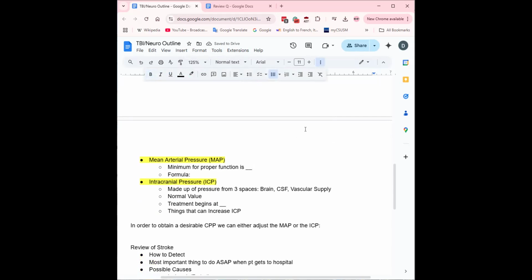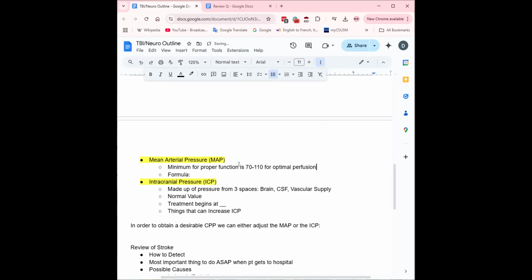Review of MAP. What is your normal value for MAP? Pretty similar. We'll say 70 to, I think she said like 110, for optimal perfusion.